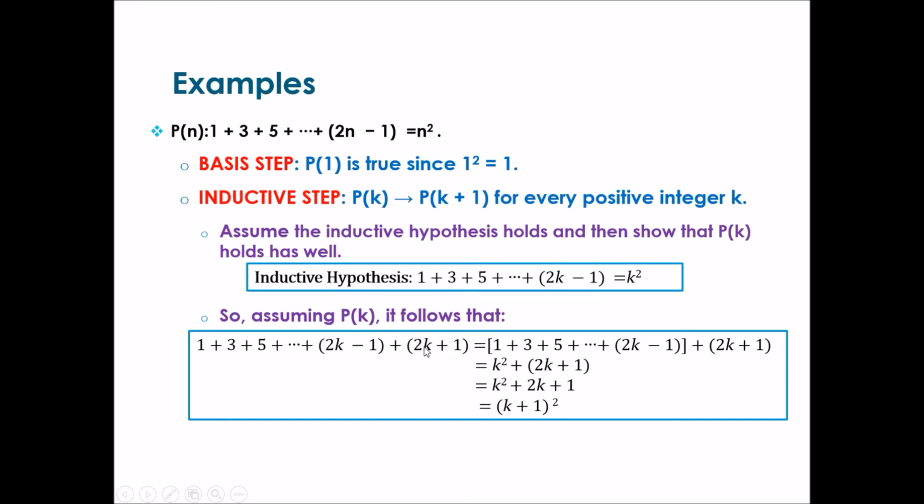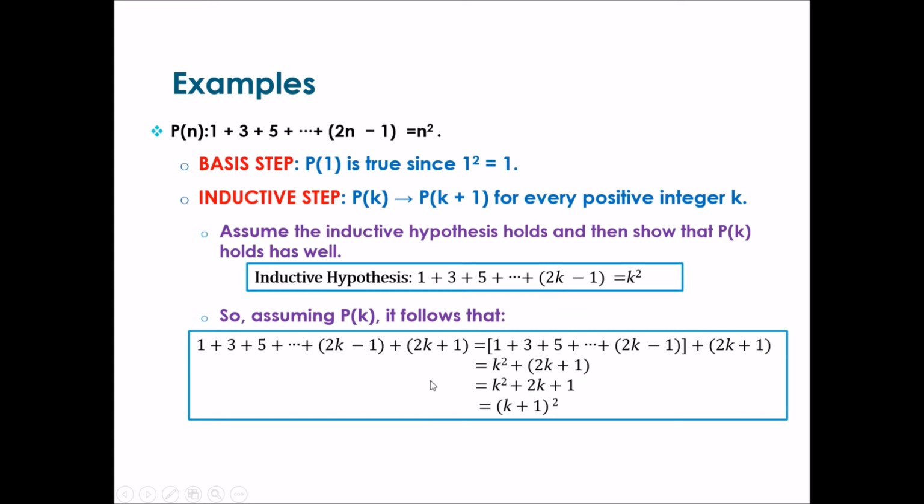Now we add the k plus first odd integer, which is 2k plus 1, and this can be split into two parts. The first part is the sum of k odd integers plus the k plus first odd integer.